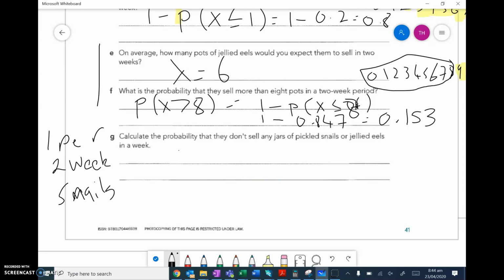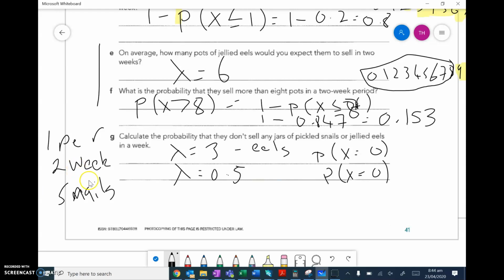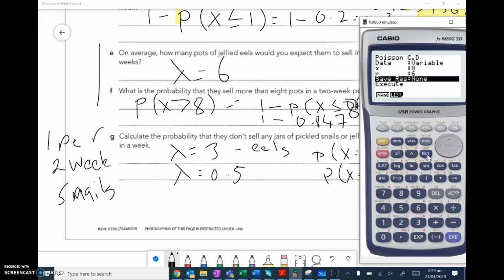So remember, jellied eels, the lambda was 3 per week. For snails, my lambda is 0.5, because 1 per 2 weeks, so it's 0.5 per 1 week. So I need to work out the probability that X equals 0 for both, so I need to be in distribution, Poisson, PPD because it's an equals.